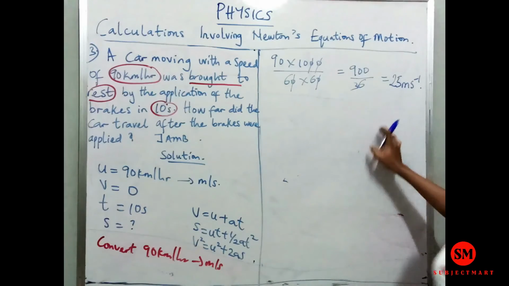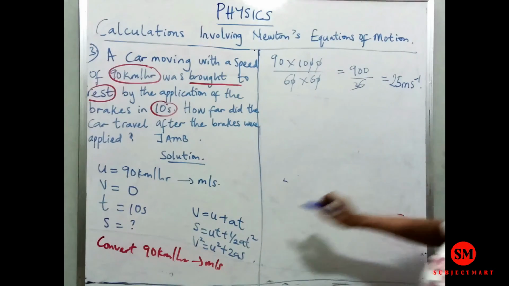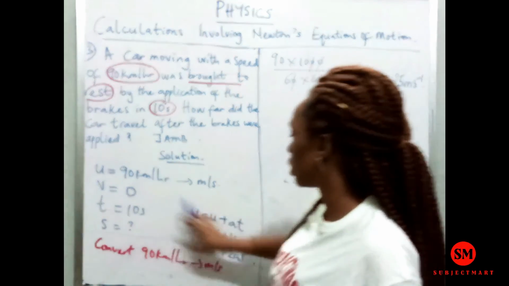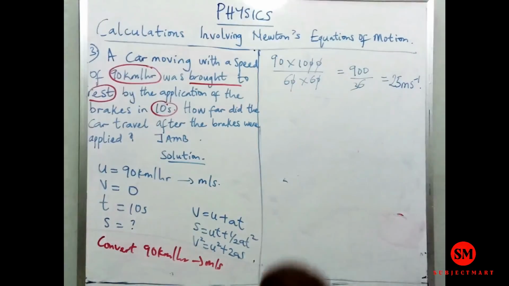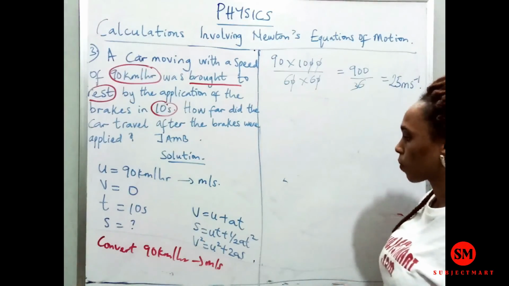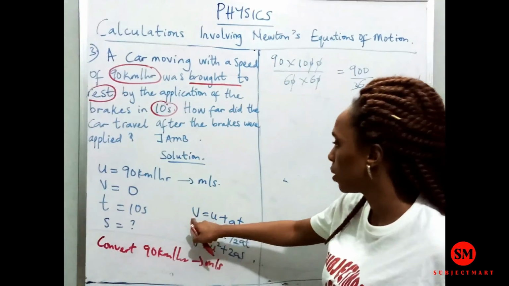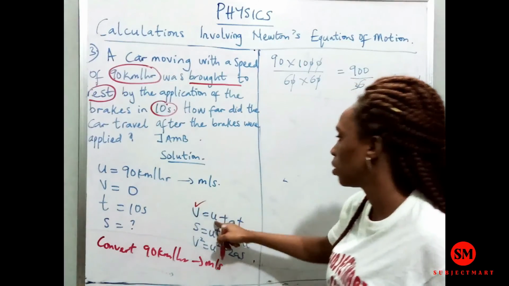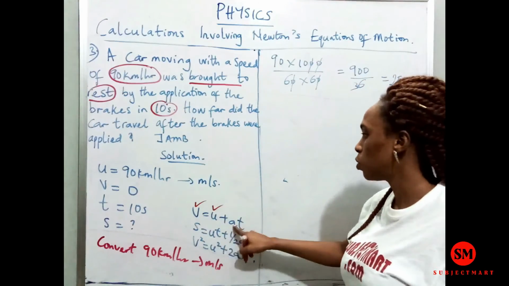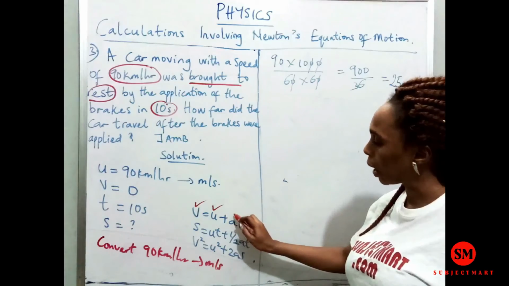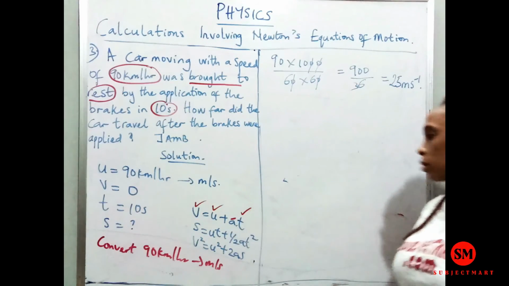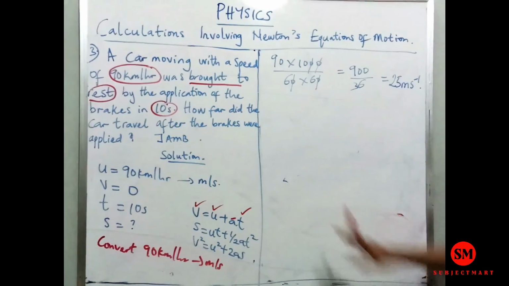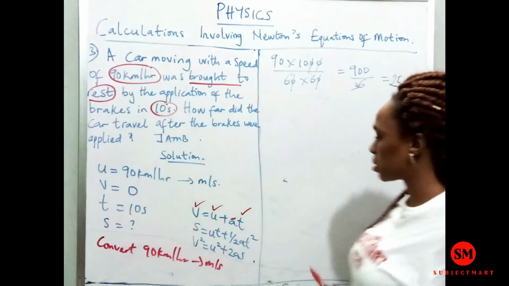Having done this, we move on by comparing our parameters to what we are given. With the first equation, we have our V, we have our U, we don't have A, we have T. Now we are asked to find the distance.